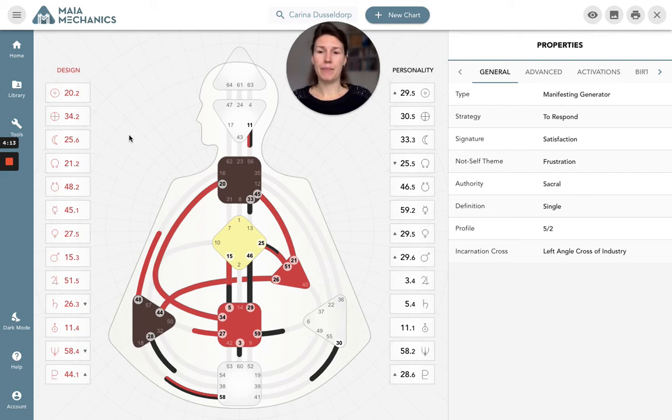And the centers can tell you a lot already about you, about your design, even though the explanation or the description can be a bit generalized. There's still some information and some understanding to get from it.